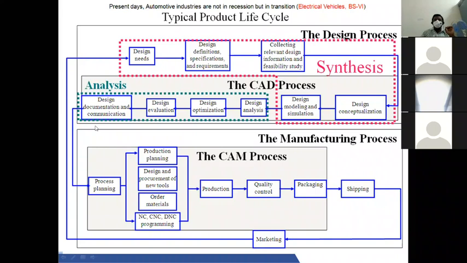Then what to do? Either you have to change the manufacturing facility, or otherwise you have to make some changes in the design. That is known as design for manufacturability. So these two should go together so that the product can be launched in the market.